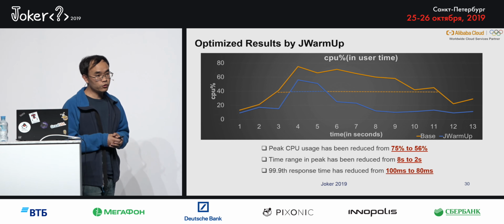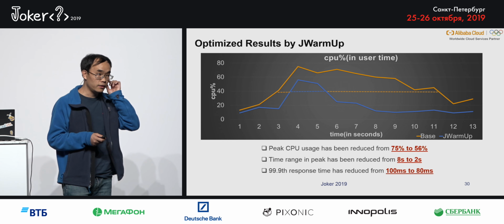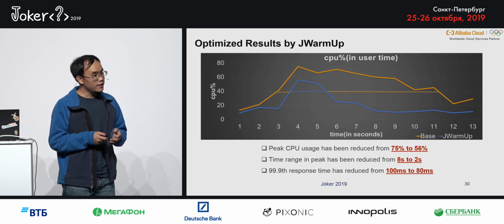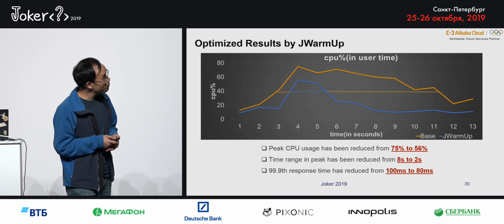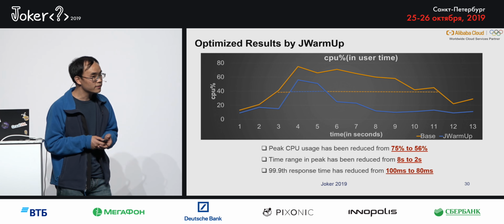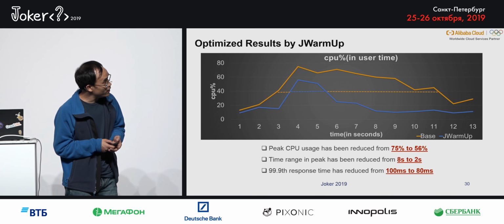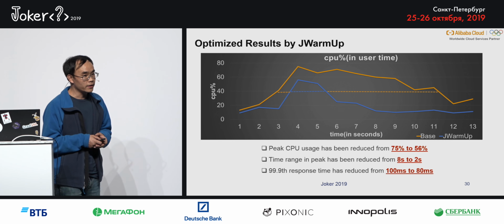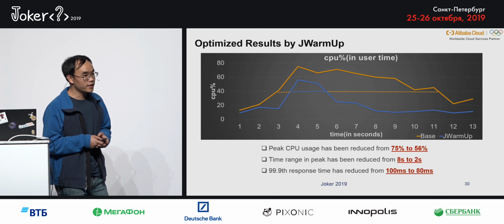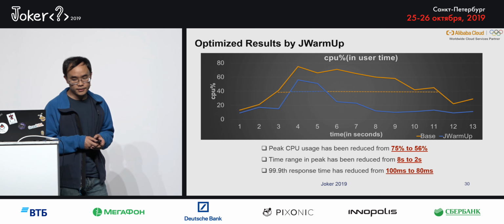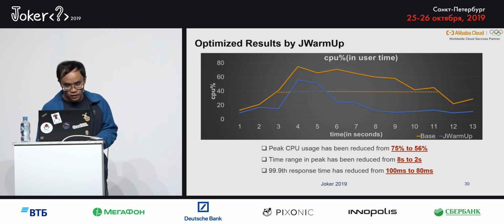Okay, if you remember the chart I showed you in the previous slide, this slide shows the orange line is the warm-up overhead, represented by base JDK. The blue line is represented by JDK with JWarmup enabled. You can do a simple comparison.